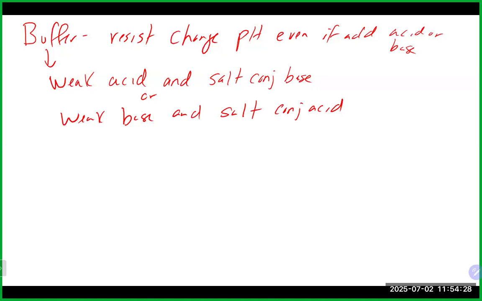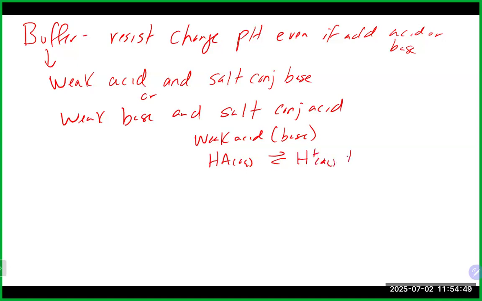And remember that you cannot have a buffer that is composed of a strong acid or strong base. The reason for that, as we talked about, is that with a weak acid or even a weak base, what will happen is it is able to set up this equilibrium in the beaker, if you will.